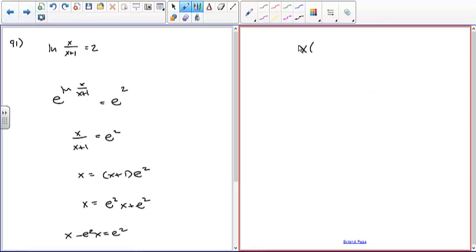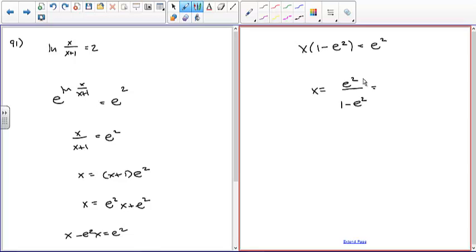Factor out x. 1 minus e squared is equal to e squared. So x is equal to e squared over 1 minus e squared.